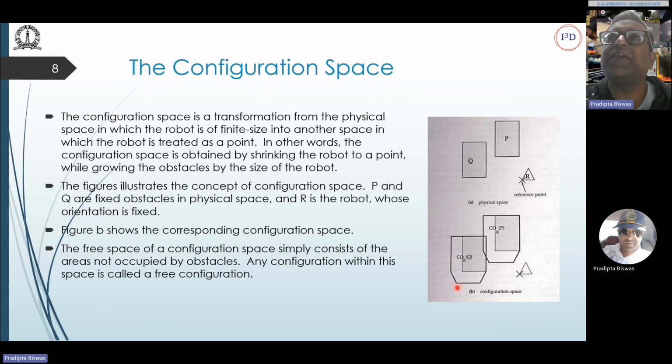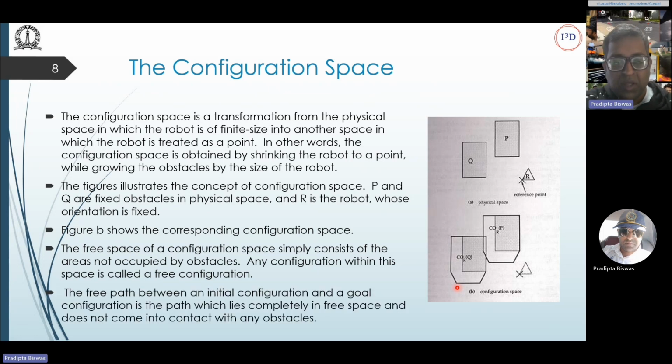Similarly, in configuration space, even if there are no physical obstacles, there can be some obstacle space due to the structure of the robot. And whatever is not in this obstacle space is the free space where the robot can move. Our motion planning job will be to find a set of points within this free space through which the robot can move and complete its task.